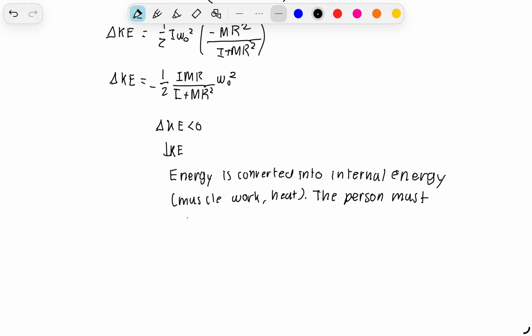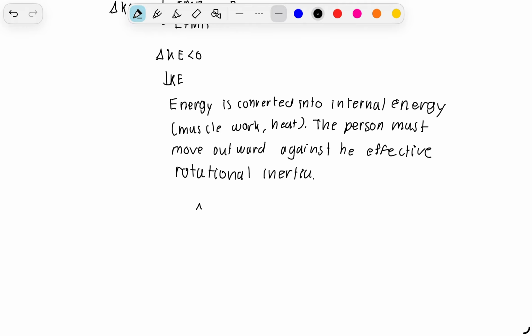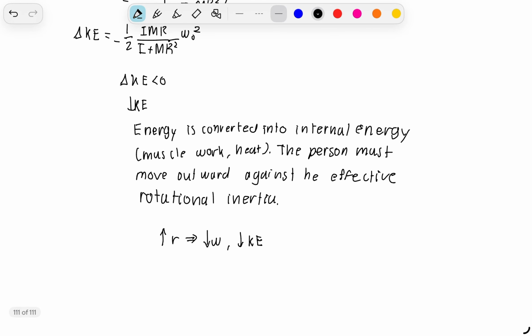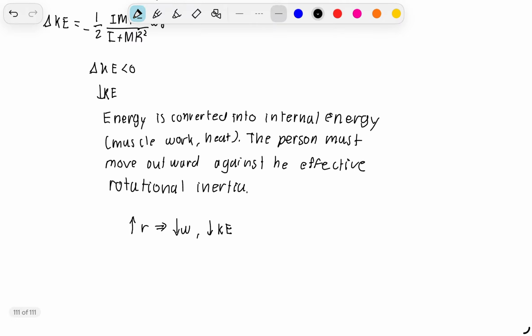The person must do work to move outward against the effective rotational inertia. So increasing your radius is going to decrease omega and also decrease your kinetic energy. Again, we had no external torque and our angular momentum stayed constant, but our internal forces are changing our energy.